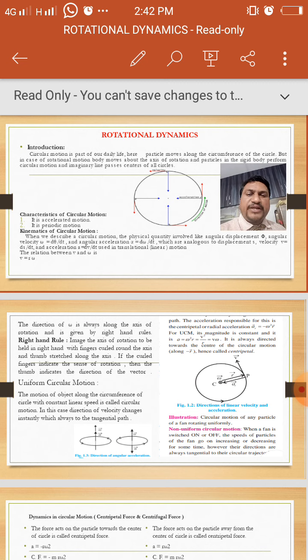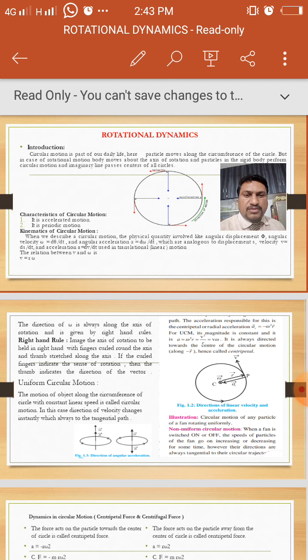When a body or particle performs linear motion, some physical quantities are involved, like displacement, velocity, acceleration, momentum, and force. But when the body performs circular motion, there are some physical quantities like angular displacement, angular velocity, angular acceleration, angular momentum, and torque.